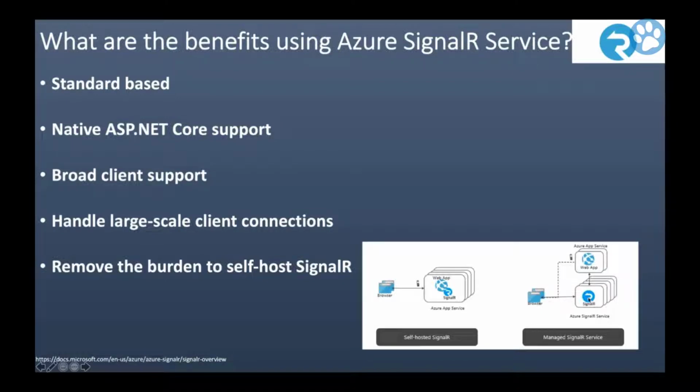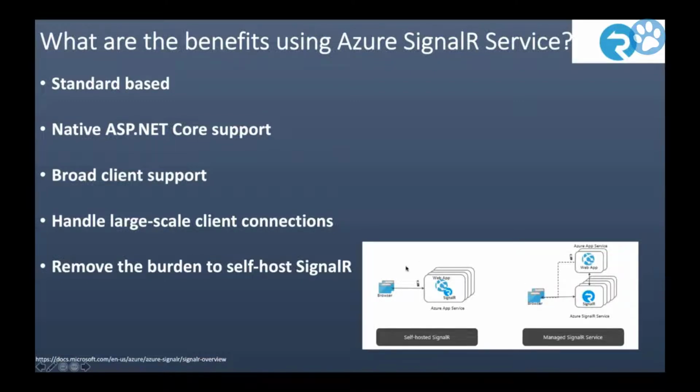Multiple such browser clients can now send concurrent connection requests to the SignalR service, and the SignalR service will be able to manage all this real-time communication. That's the difference here.